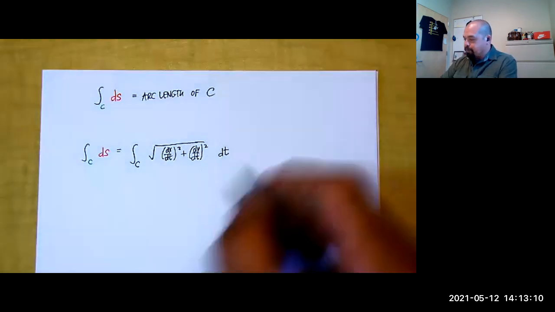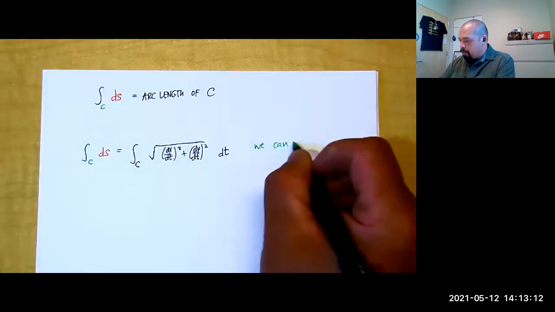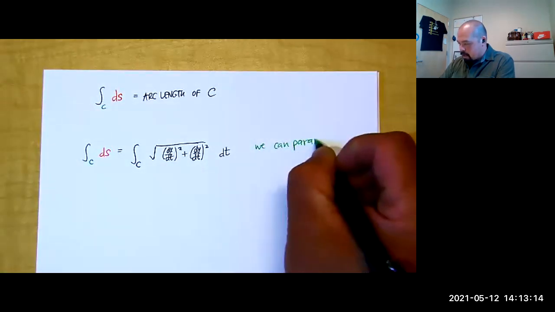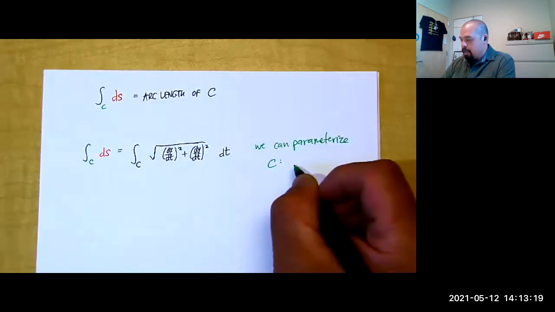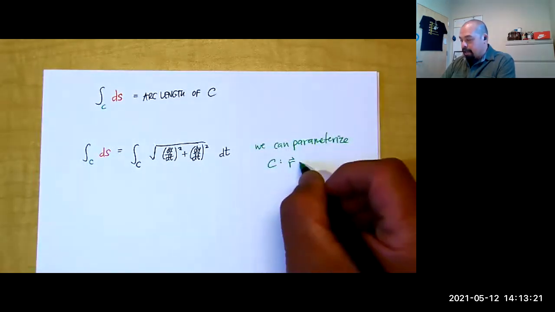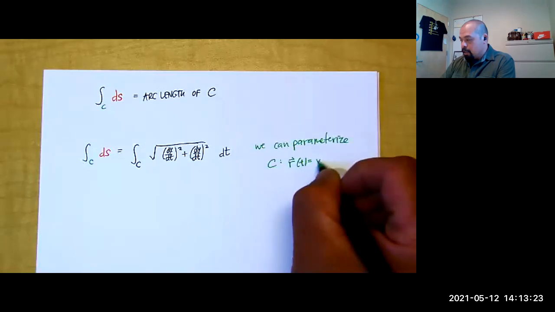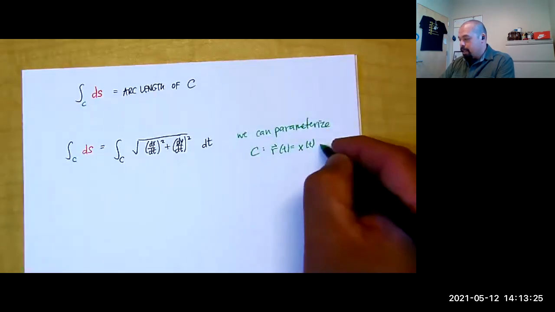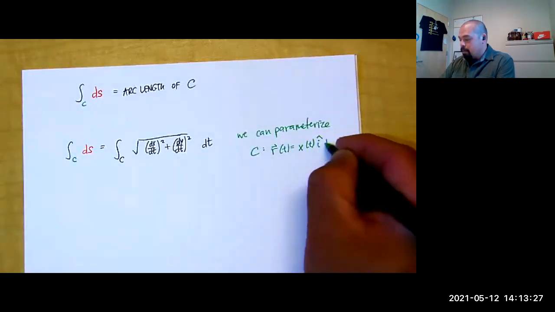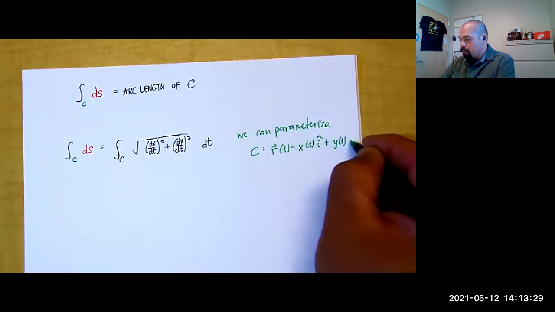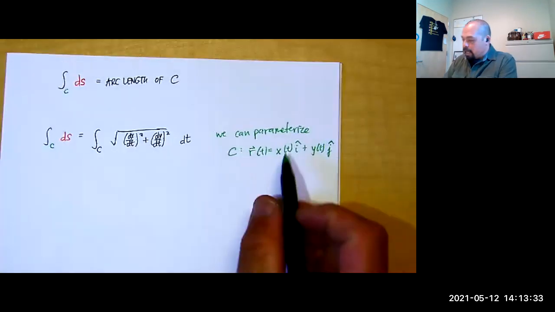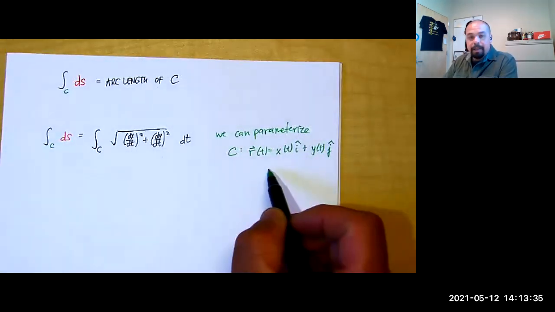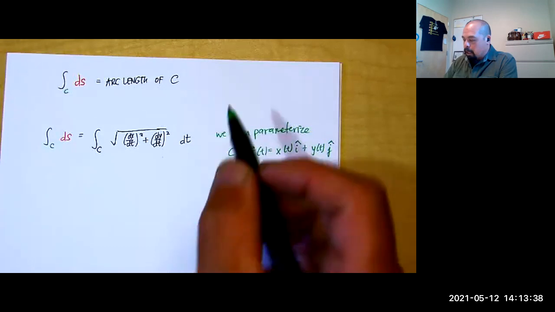Where we can parameterize C as that kind of function. R of t is x of t i plus y of t j. So every location, we can get the x and y coordinate based on time. Okay.